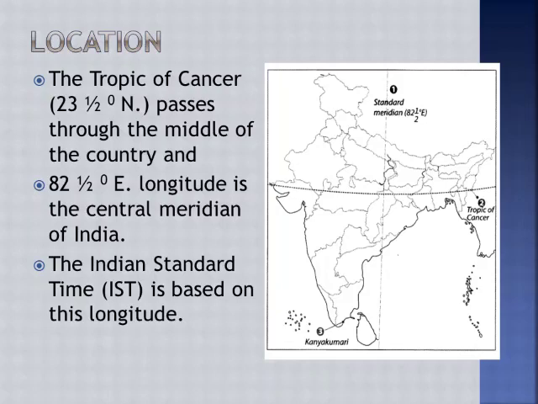The 82.5 degree east longitude is taken as the standard meridian time of India, or for reference we call it the Indian Standard Time, as it passes through the middle of India from Mirzapur near Allahabad. The Indian Standard Time meridian passes through Uttar Pradesh, Madhya Pradesh, Chhattisgarh, Orissa and Andhra Pradesh.